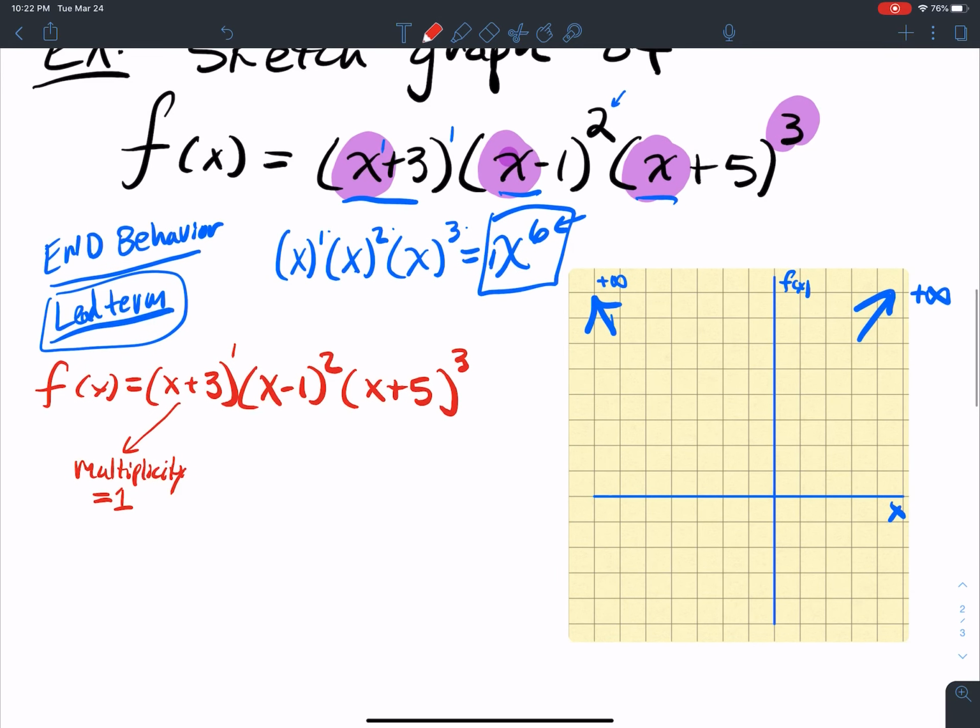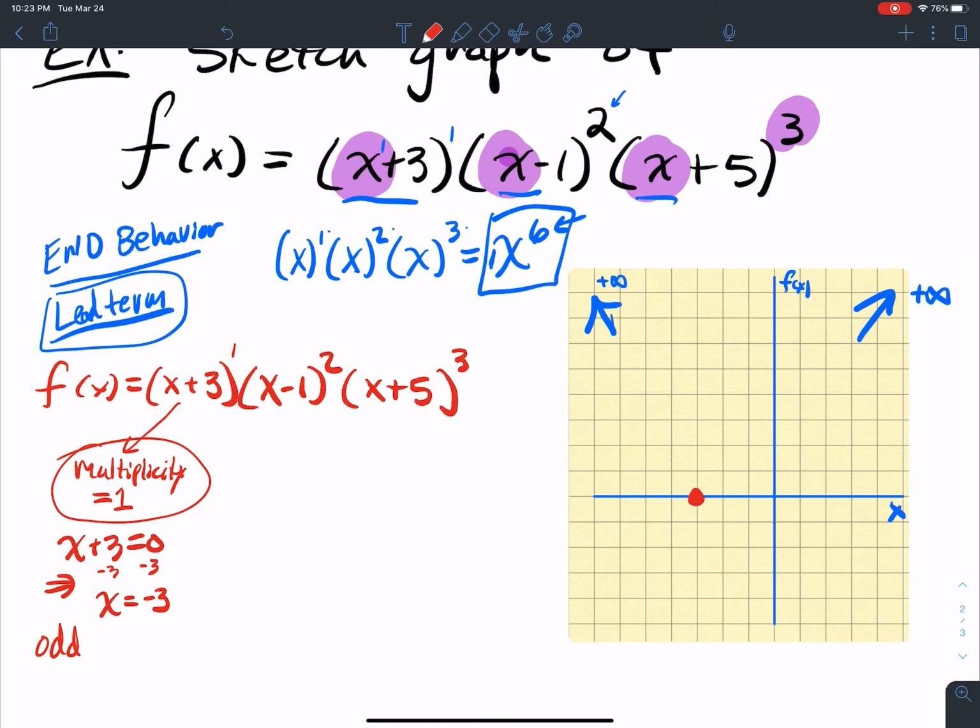What is my 0? Well, x plus 3 equal to 0 gets me what? If I solve for x, subtracting 3, I get x equals negative 3. So at negative 3, all right, I have a multiplicity of 1. If my multiplicity is 1, then that is an odd multiplicity.